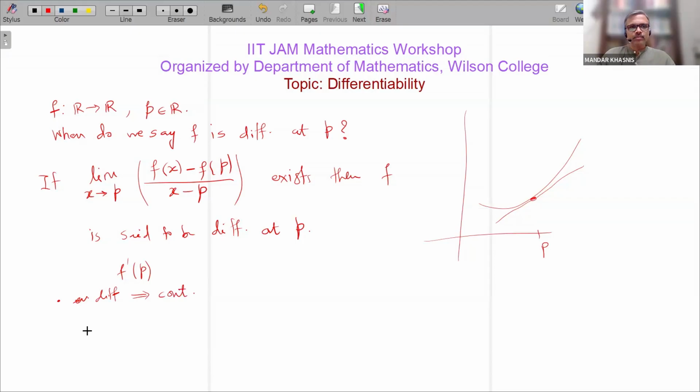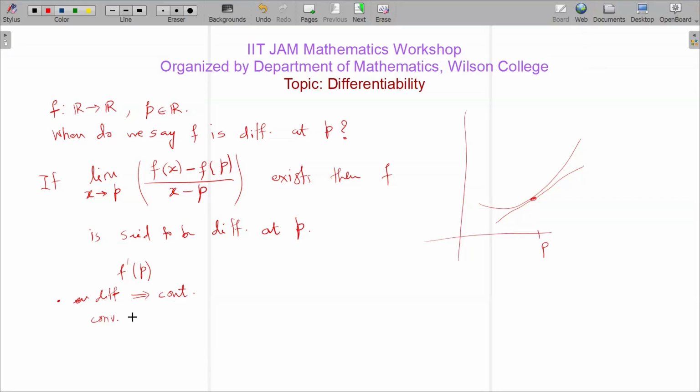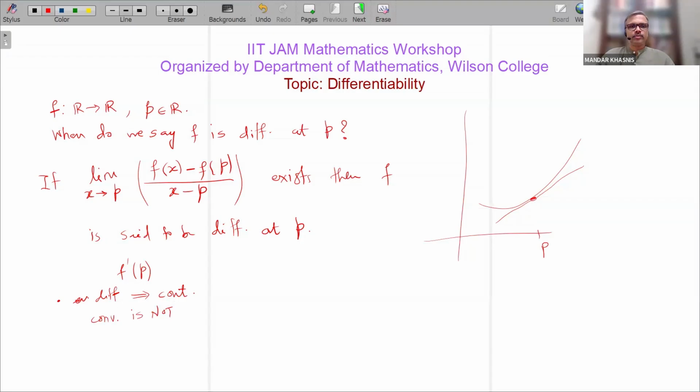And the next quick remark, whenever we say implication, we ask about the converse. Is the converse true or not true? Not necessarily true. So the converse is not true, which everybody knows. Now I'm interested in a quick example of why the converse is not true.